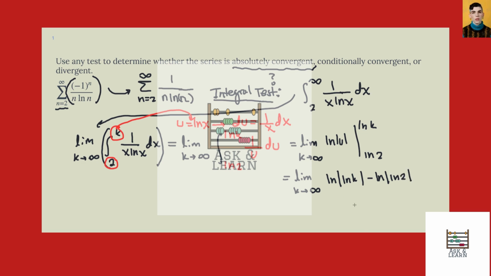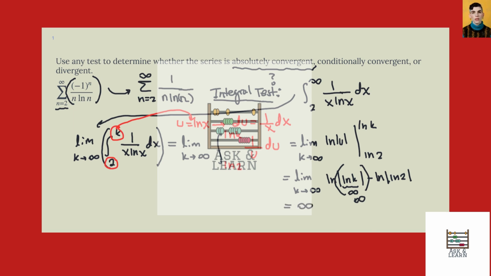And as we take the limit, natural log of k goes to infinity. And so therefore, the natural log of this will also go to infinity. Whereas we'll have over here, natural log of 2, which is not infinite. It's just a number, so when we do infinity minus this number, we still get infinity.